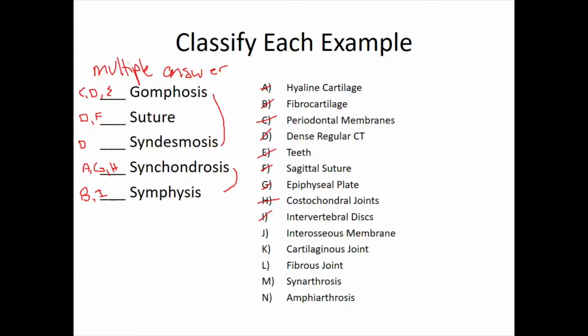So which type of fibrous joint would we be looking at? And that would be the syndesmoses. So J goes there. Cartilaginous joint. Each one of these should be classified as the cartilaginous. Okay? Just like all of these are the fibrous joint.